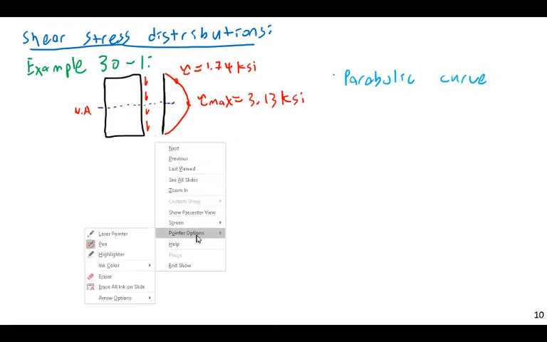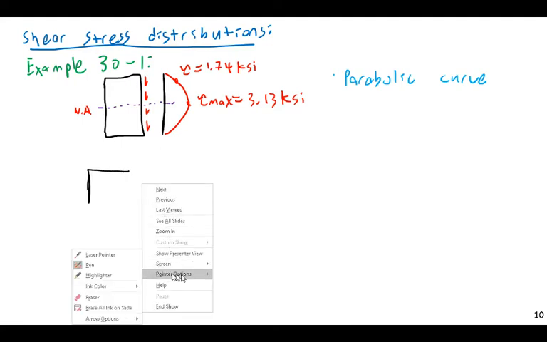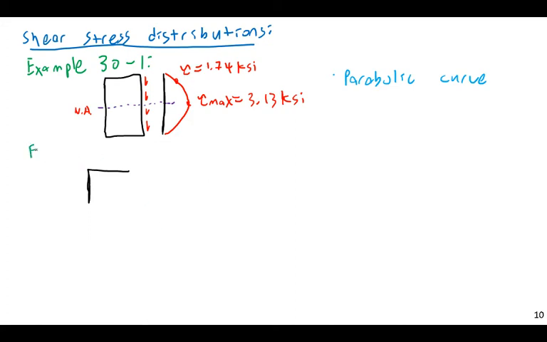Next, I will draw the shear stress distribution for the previous example. Let me label that example 31-1, since we're currently in lesson 31, and that was example 1.